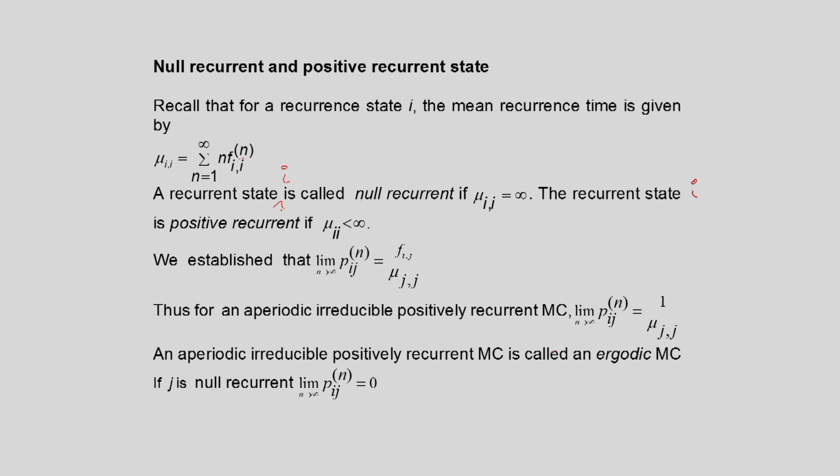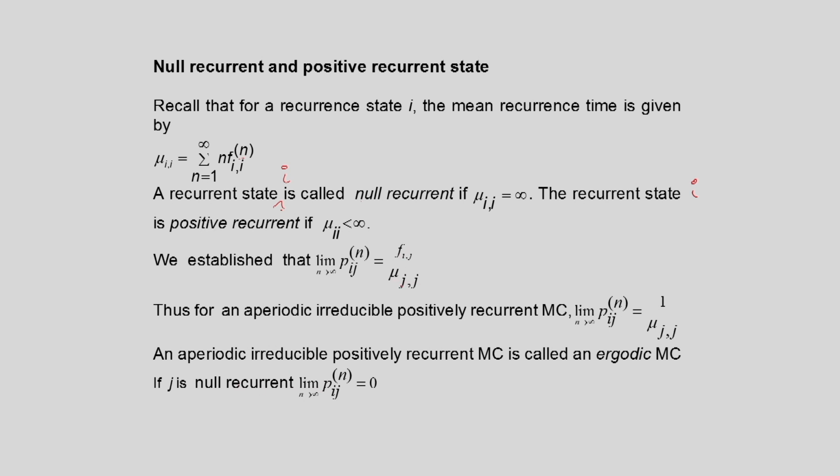Similarly, an aperiodic, irreducible, positively recurrent Markov chain is called an ergodic Markov chain. That is also one definition. So that way we classify one particular class of Markov chain, known as the ergodic Markov chain, which is irreducible, positively recurrent and aperiodic. We considered the case when j is a positive recurrent state, but when j is a null recurrent state, what will happen?